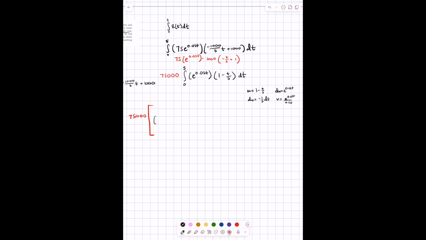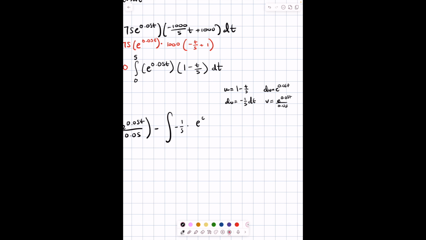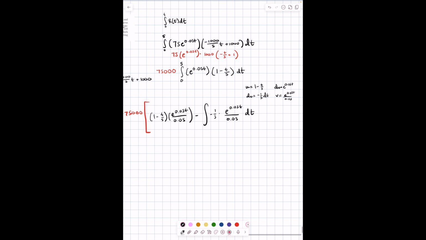You have 1 minus t over 5 times e to the 0.05t over 0.05, subtracted by integral of v du. So it's negative 1/5 times e to the 0.05t over 0.05 dt, something like this.